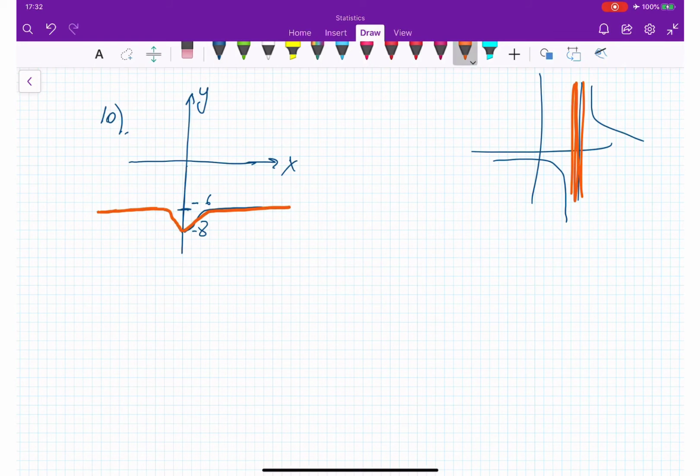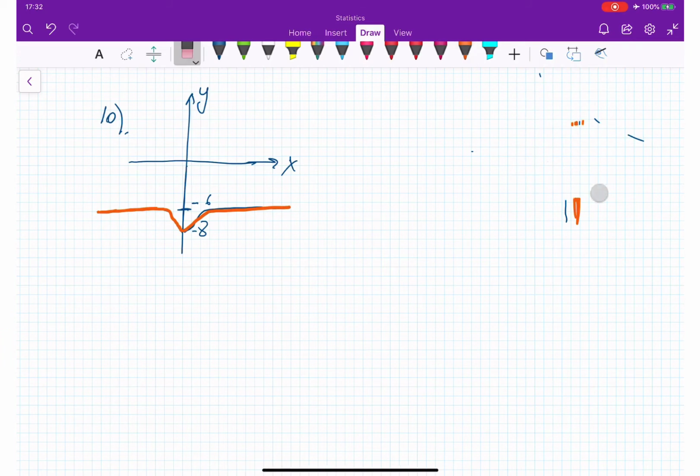So this one would be a vertical asymptote, right? The graph is running to that asymptote. Okay. Now in this case, we don't have any vertical line where the graph would run to. At this point, no vertical asymptote. VA, vertical asymptote.